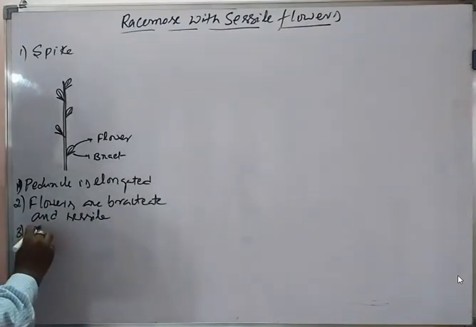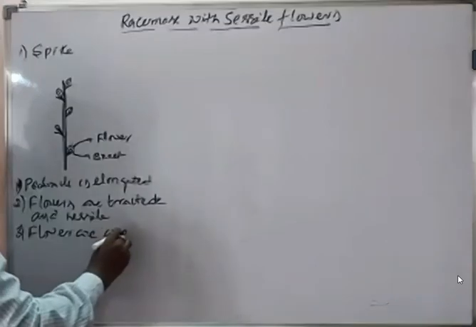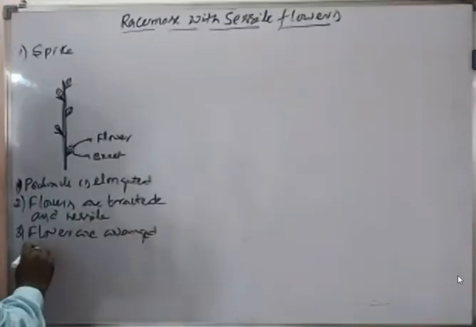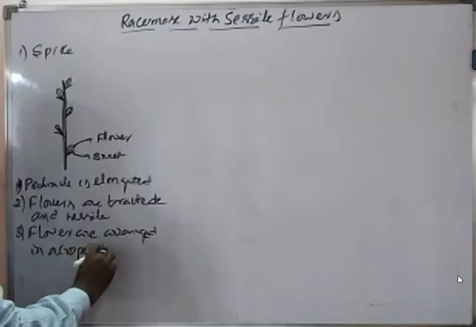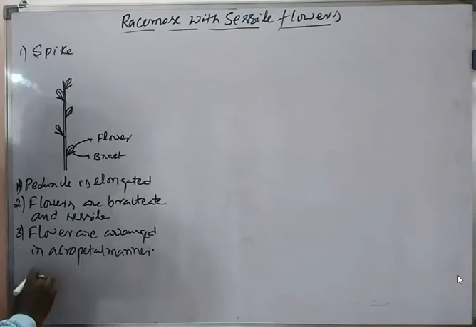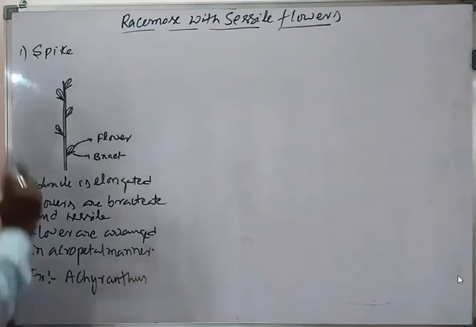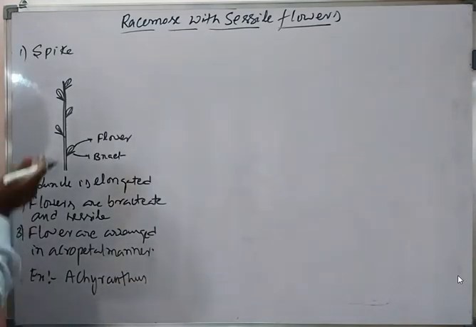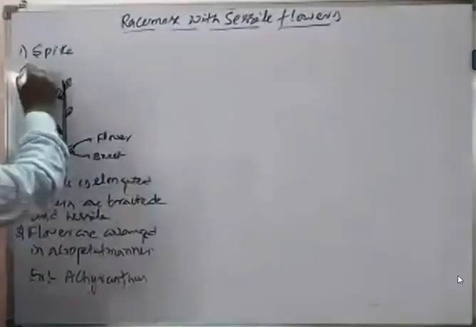Flowers are arranged in acropetal manner. That's all. Example, Achyranthes. It is also called simple raceme-like.